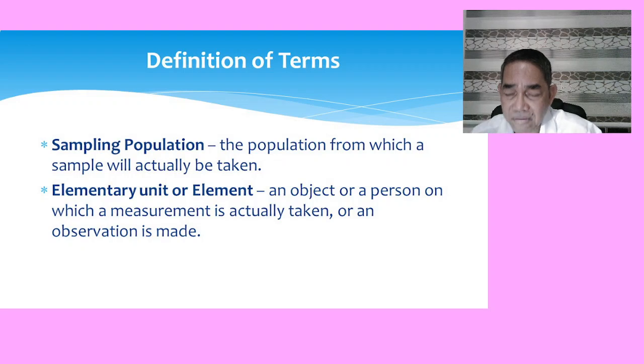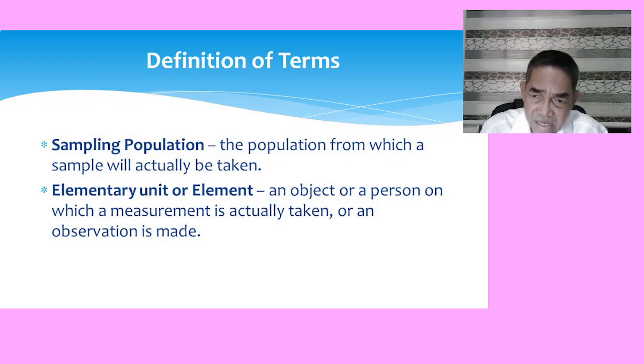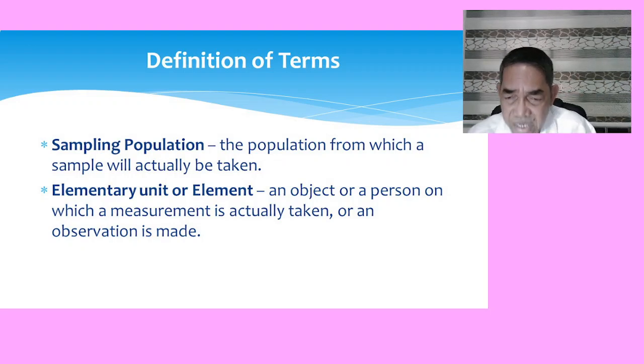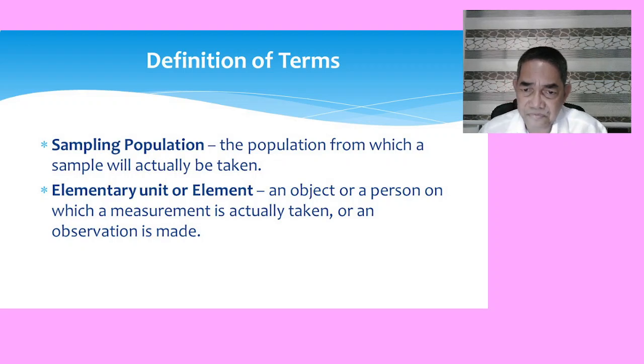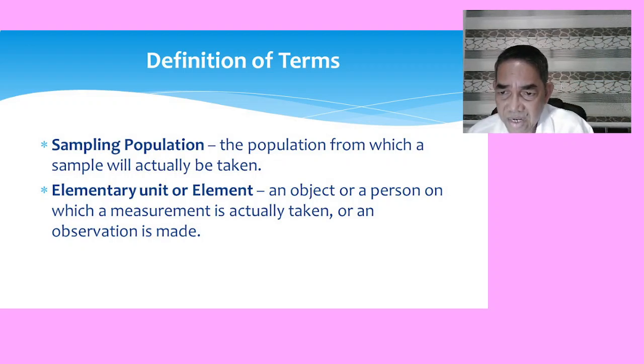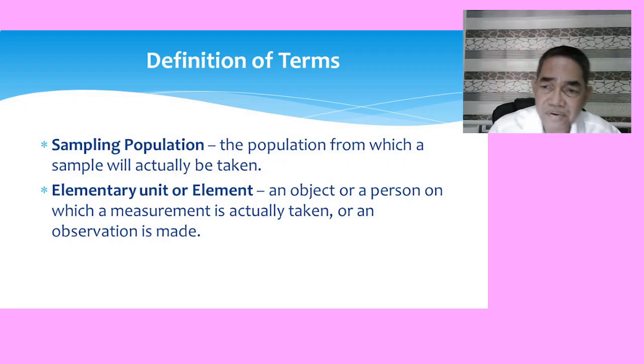That is my target population. Suppose I get samples from FEU, from UP, from UST, from UE, or from Fatima, or from MCU. So I get samples from these different medical universities.